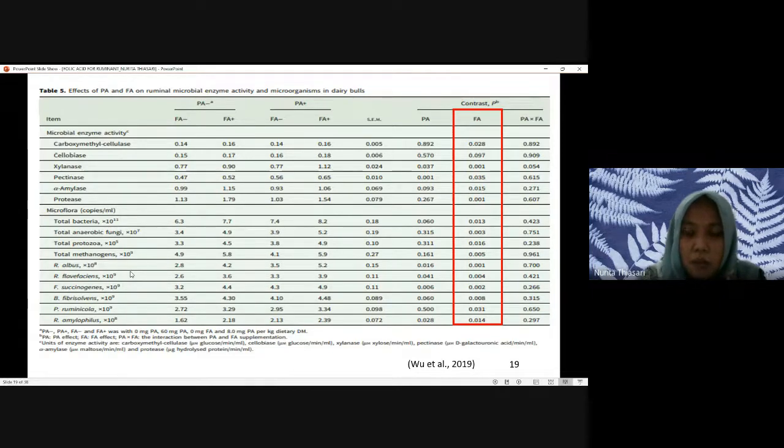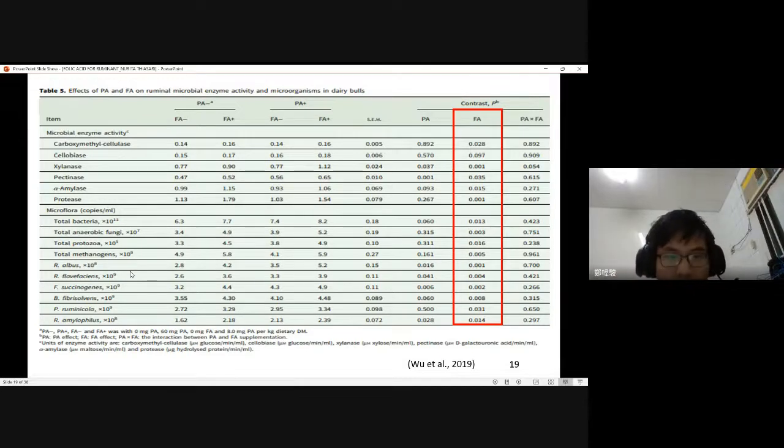Okay. And the other question is, if I want to provide folic acid to the ruminant, should I provide it in the feed or by injection? Which one would be better?